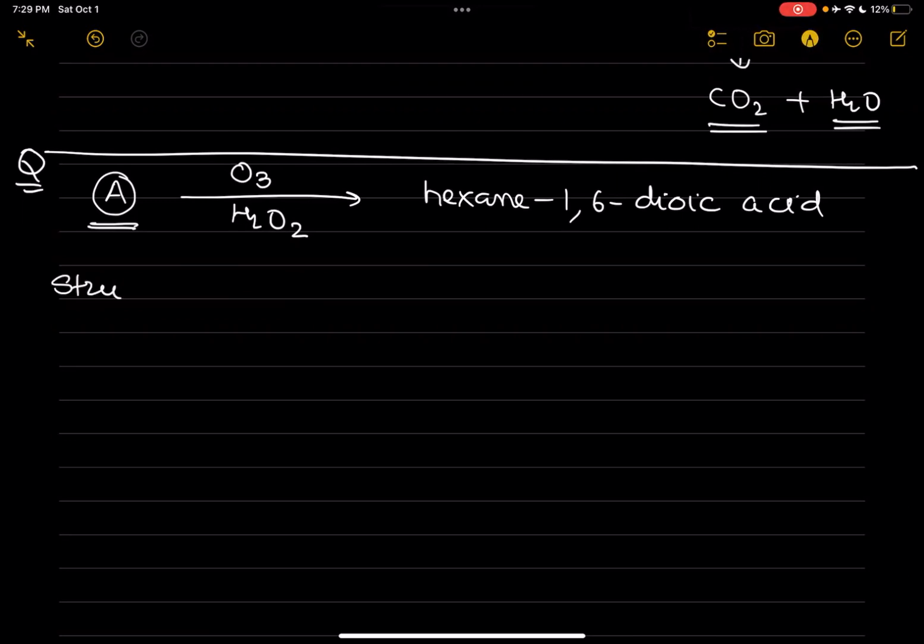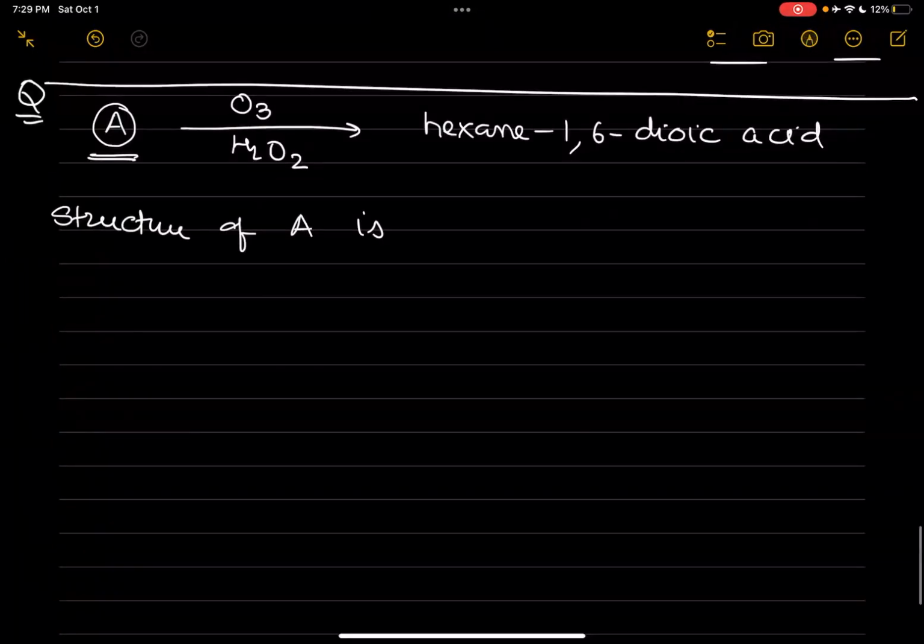So structure of A, is it going to be this one? Or is it going to be this one?